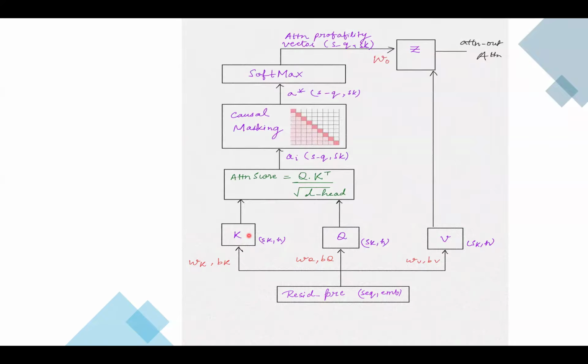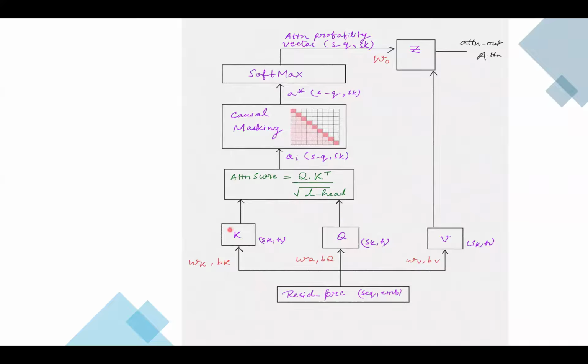The constraint is that they can only ask the person on their right side about the information they need in order to fully recover the meaning of the sentence. So query is each position sending a signal to other token positions that I want to know this kind of information.